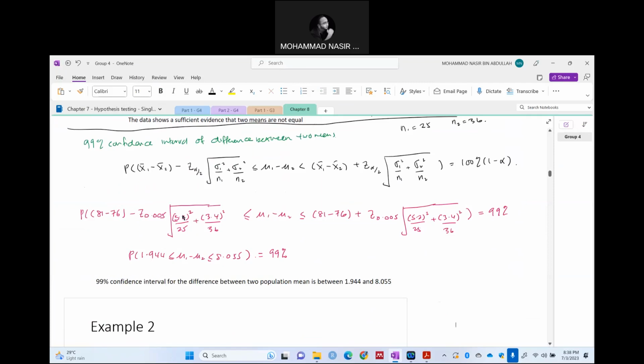So of course you need to calculate this one, replacing Z 0.005 with 2.575.